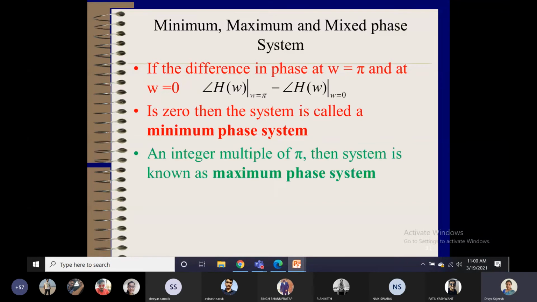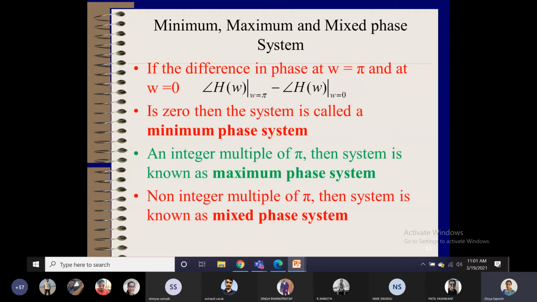Then if it is an integer multiple of pi, then the system is known as a maximum phase system. If the phase difference at omega equal to pi and 0 comes out to be an integer multiple of pi, then the system is known as a maximum phase system. And if it is a non-integer multiple of pi, then it is known as a mixed phase system.